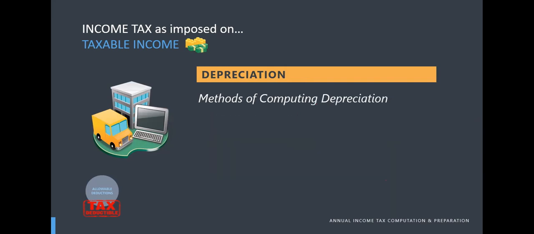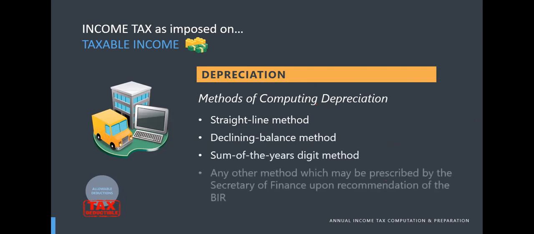Next, methods of computing depreciation. We have the straight line method, declining balance method, sum of the years digit method, and any other method which may be prescribed by the Secretary of Finance upon recommendation of the BIR.